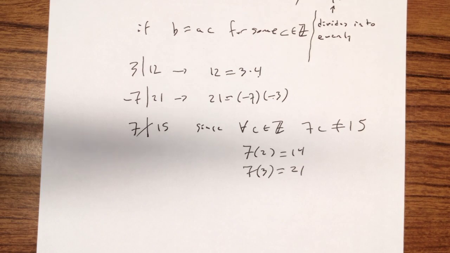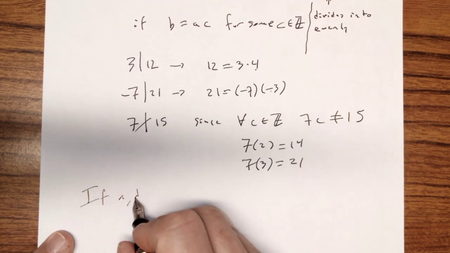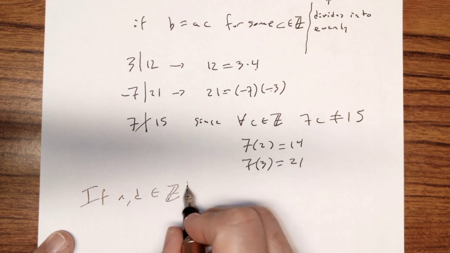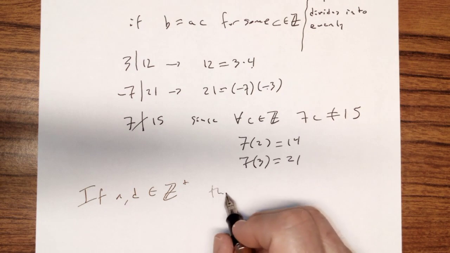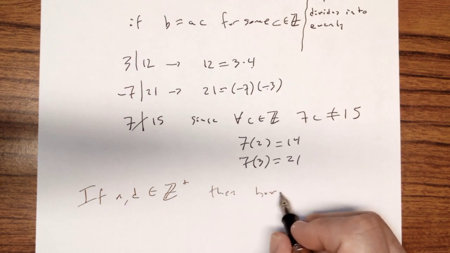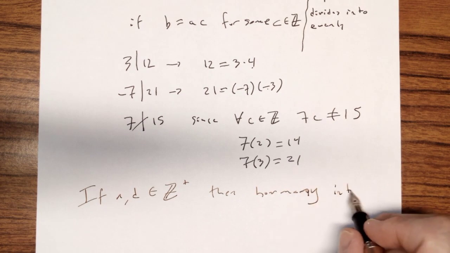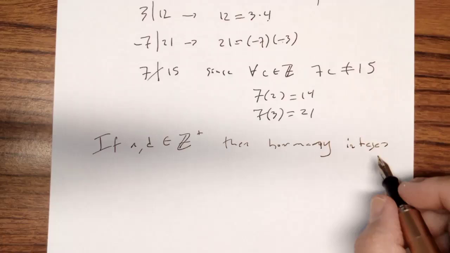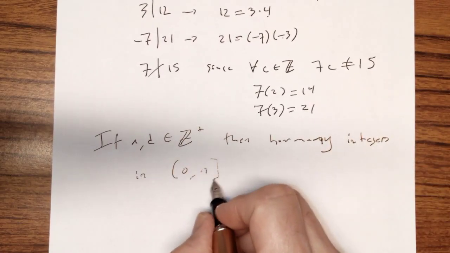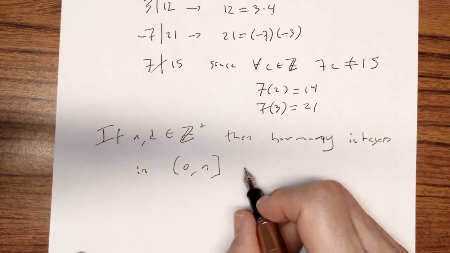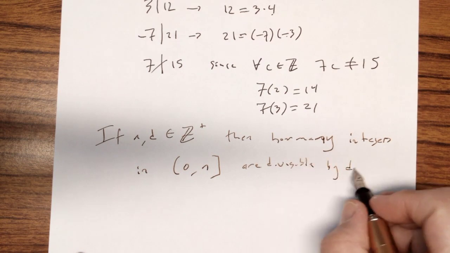So a direct question we could think of: if n and d are positive integers, then I can ask the question, how many integers in the interval up to and including n are divisible by d?